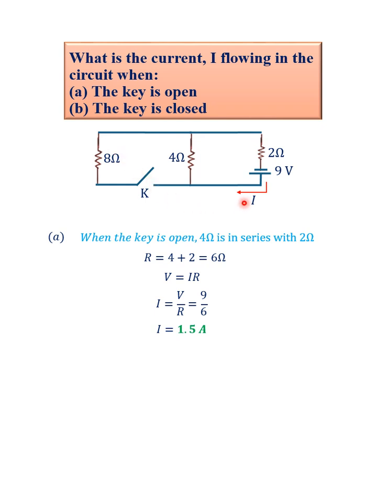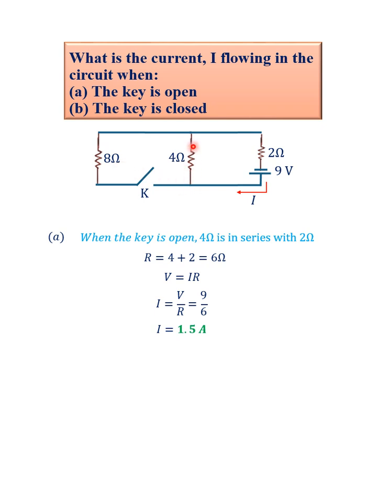Because the current splits between two resistors, these two resistors are in parallel. Parallel resistors allow different currents to flow through them at the same time. Whenever there is a split in current, the two parts of the circuit after the split are in parallel. So 4 ohms is in parallel with 8 ohms.